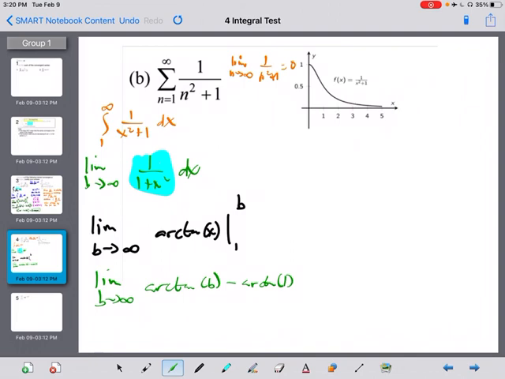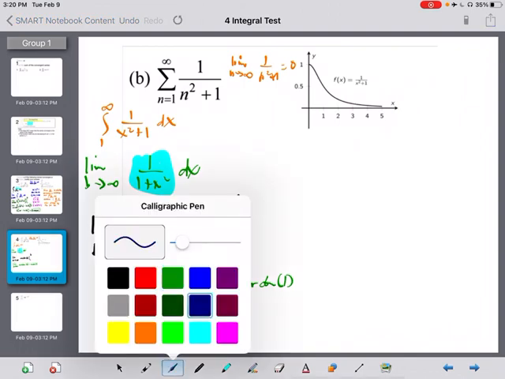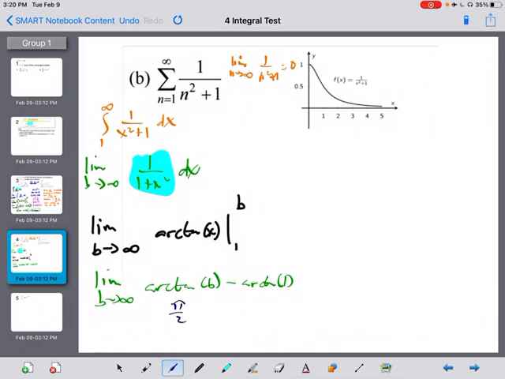Arctan approaching infinity is pi over 2, subtract arctan of 1, which is pi over 4. That's going to be 2 pi over 4 minus pi over 4, which is pi over 4. So it converges to pi over 4.